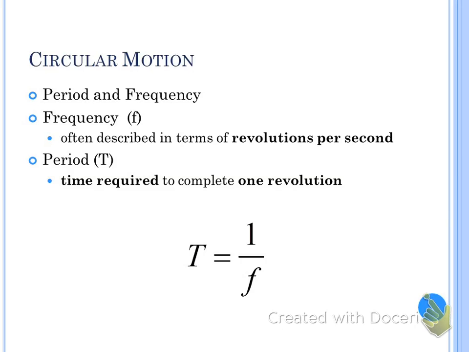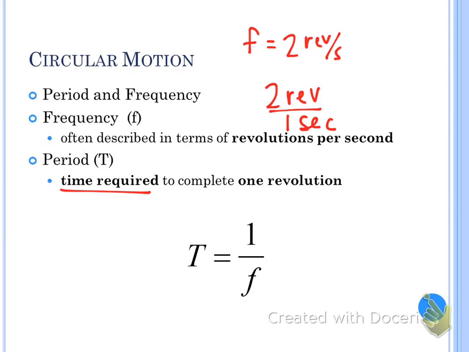So I want to try it just with simple numbers so that you can see the relationship. If I have an object that I know makes 2 revolutions in 1 second, that's its frequency. Its frequency is 2 revolutions per second. So in 1 second it goes around twice. What would its period then have to be?